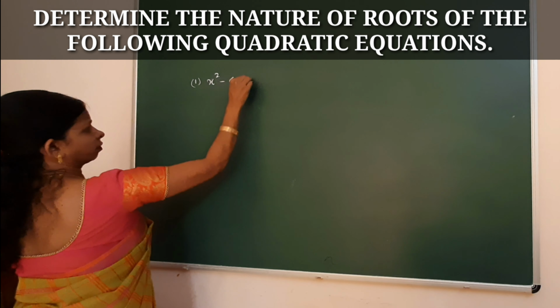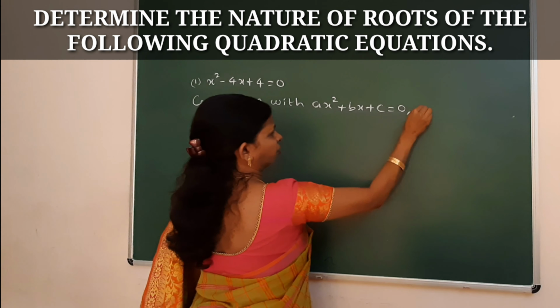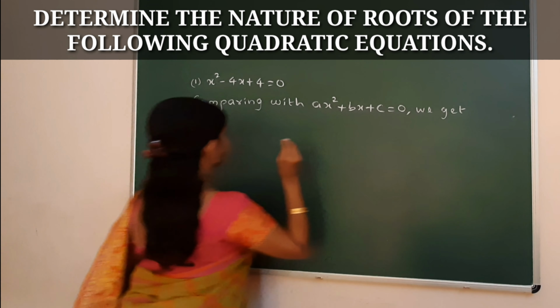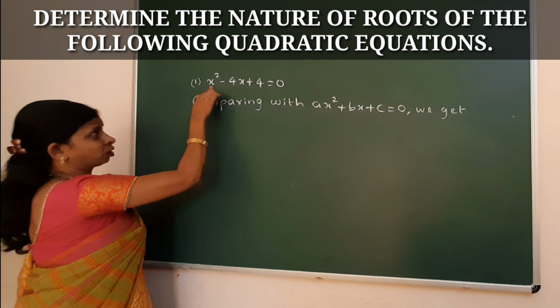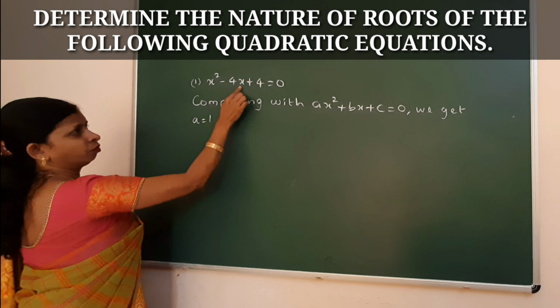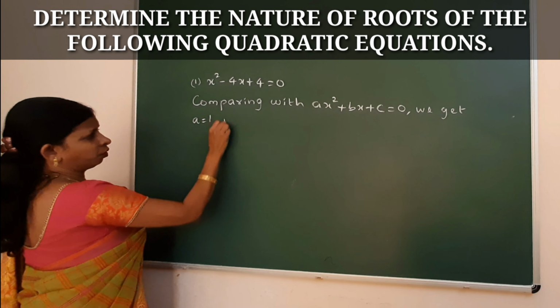Comparing with ax square plus bx plus c equal to 0, we get a equal to, what is the coefficient with x square? It is 1. With x it is minus 4 and the constant is c.